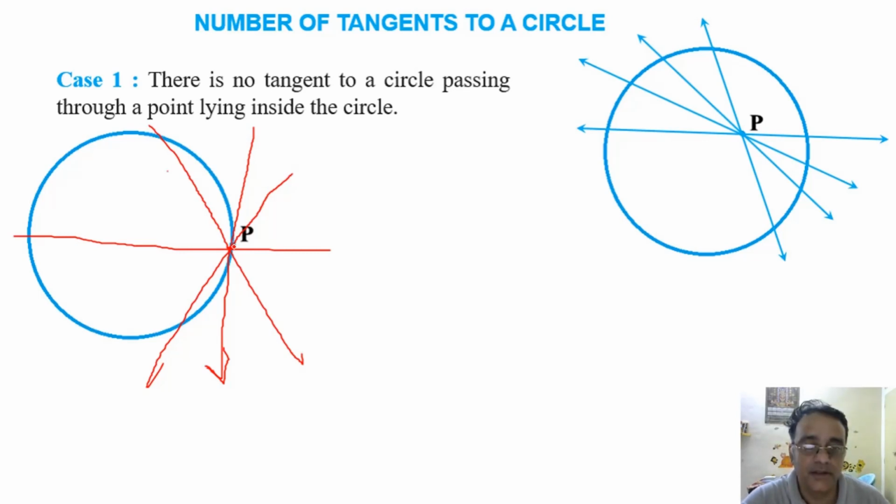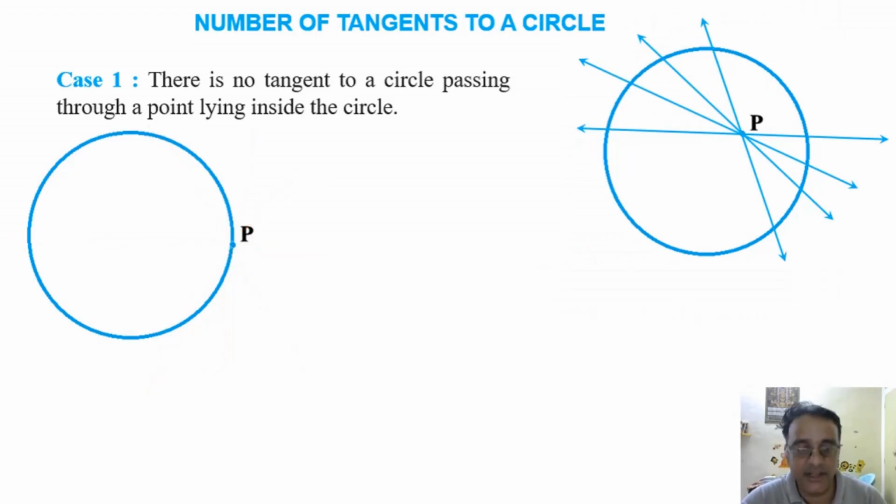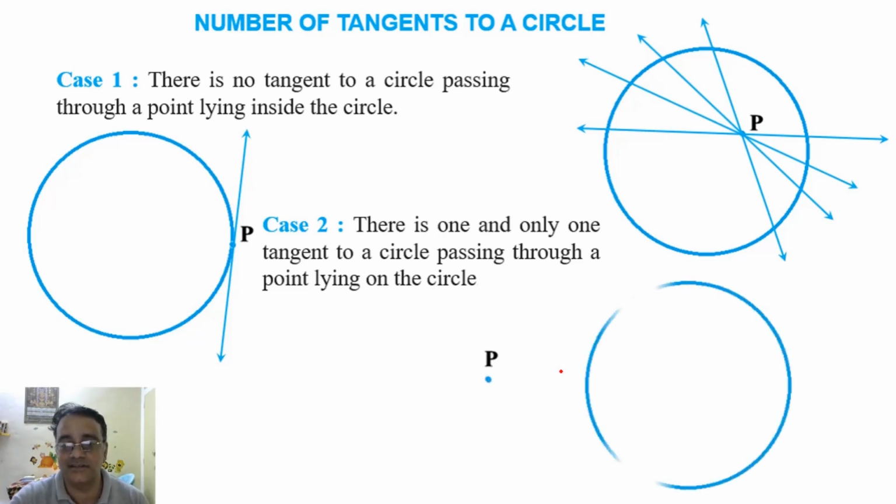Okay, which intersects exactly at point P. So only one tangent we can draw which exactly passes through point P. So case number 2, there is one and only one tangent to a circle passing through a point lying on the circle. Now the last case, when a point lies outside the circle.